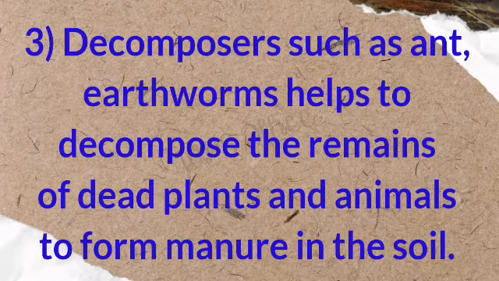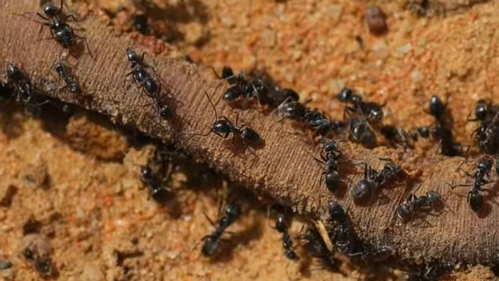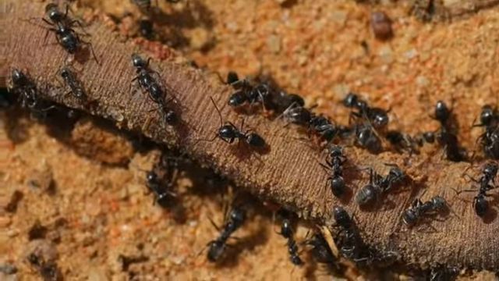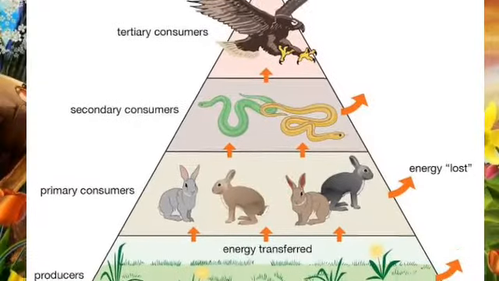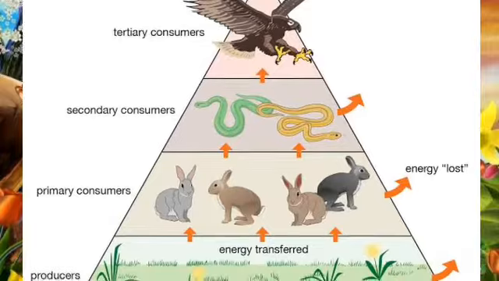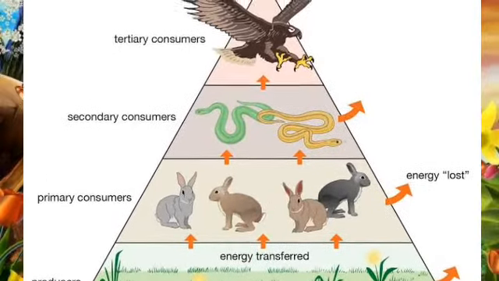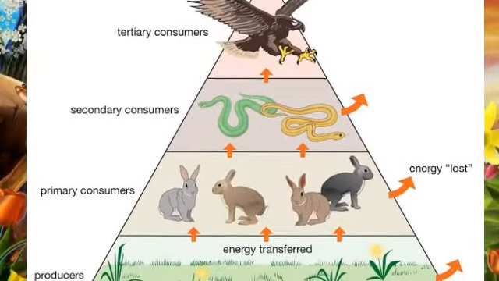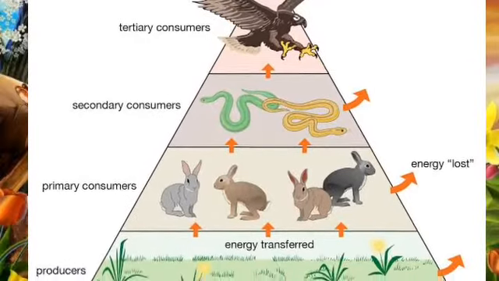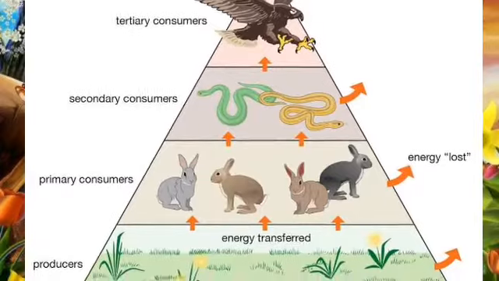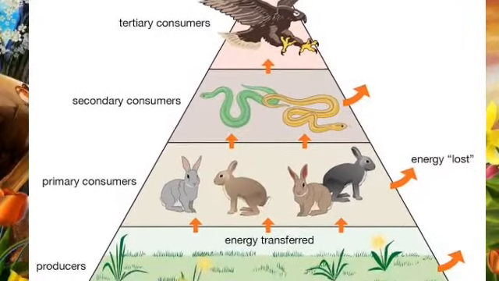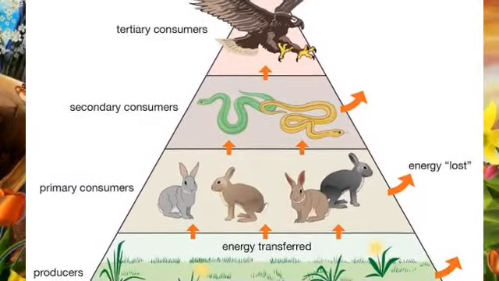This is a picture showing the earthworm and ant decomposing in the soil. This is also a pyramid food chain diagram showing the levels of animals and the levels of energy in the food chain.